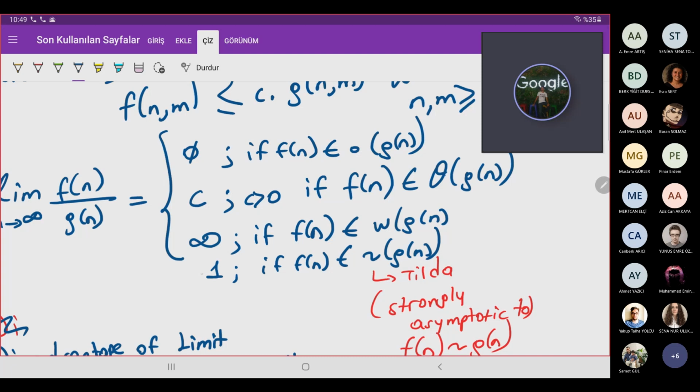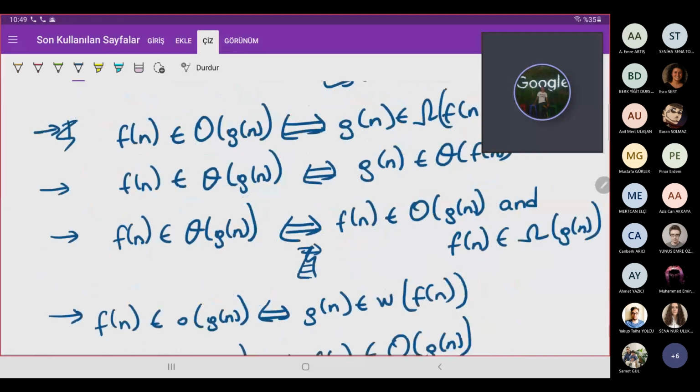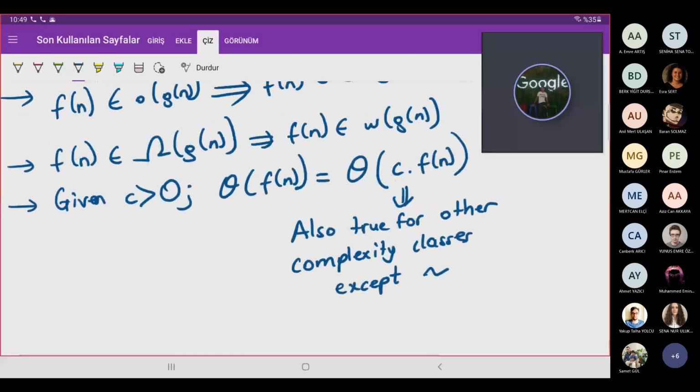In the theta, we said that it's C, and C is a positive constant. But tilde is a special case of that. That's why it's not true for tilde, because when I multiply it by a constant, then it's not 1 anymore. It's some other complexity class. Okay, so tilde is the most rare one. You probably won't even hear about it except in this class.